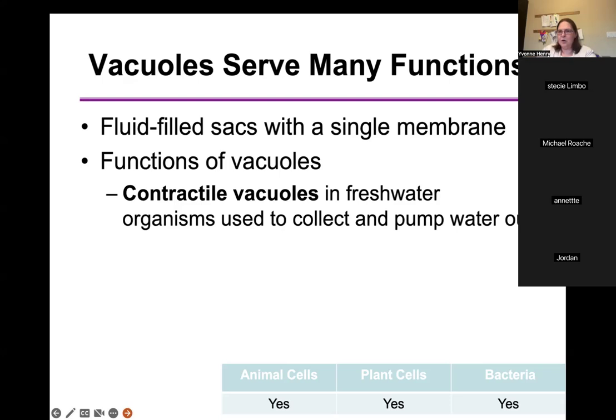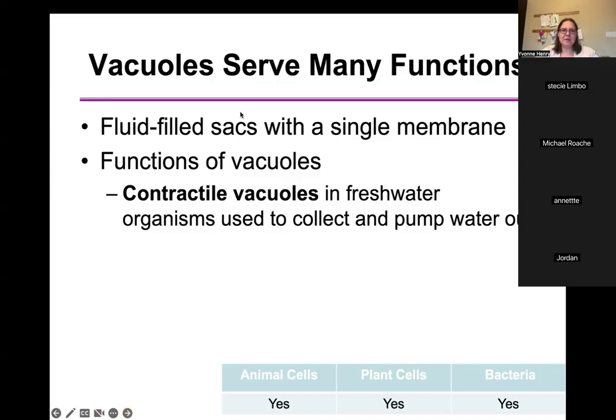Cilia and flagella. Nope, plant cells don't have cilia and flagella. Good guess, though. Animals and bacteria do. Starts with a C. Cytoplasm. Every cell needs to have cytoplasm. Did we cover that yet? I think we did. Okay, so we're going to talk about vacuoles.